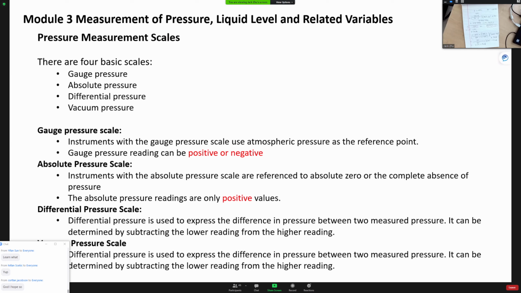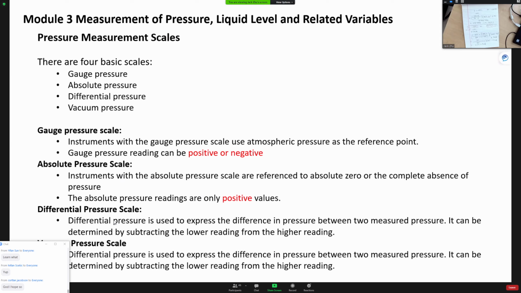The absolute pressure starts from zero, absolute zero is at a vacuum. So the gauge pressure is taken relative to the air pressure on the Earth's surface, but the absolute pressure starts from a vacuum.